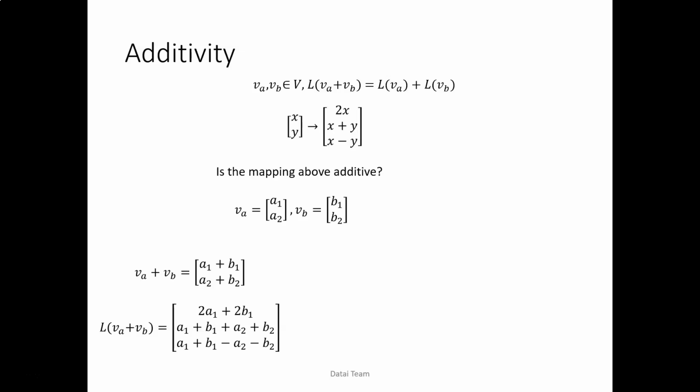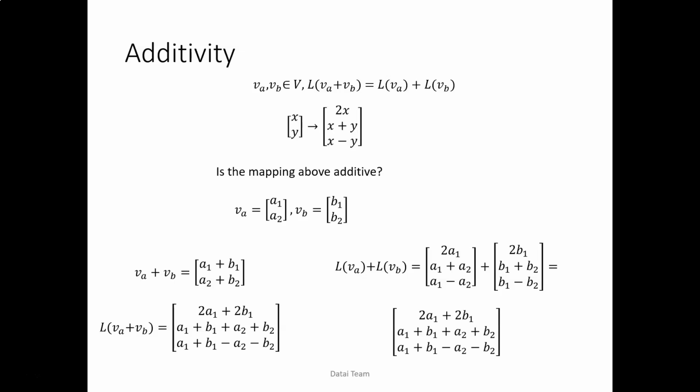And let's see if we linearly transform these vectors separately and then add them up and check if we will get the same answer. We have linear transformation of A, linear transformation of B. We have 2A1, A1 plus A2, A1 minus A2, plus we are adding them up. We have 2B1, B1 plus B2, B1 minus B2.